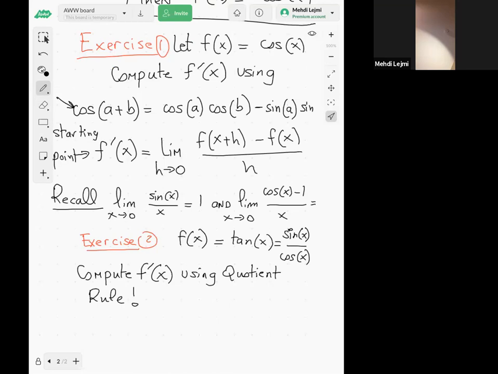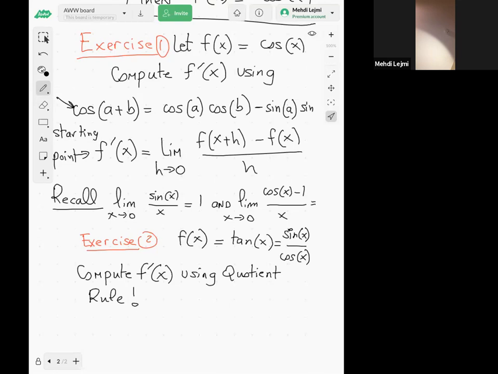Because we said tan of x by definition is sine over cosine. And now we know the derivative of sine is cosine, and the derivative of cosine is going to be minus sine, right? That's what we're going to prove in exercise number 1.